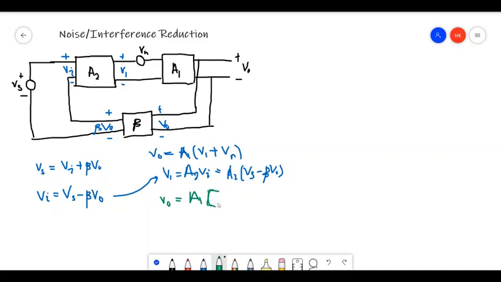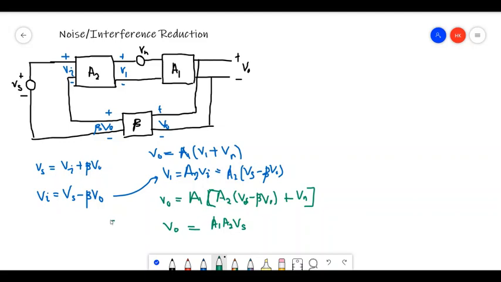So if we do a small simplification here, I can write V out as A1 times V1, which is replaced by this: A2 times Vs minus beta V out, plus Vn. So from this I get V out equal to A1 A2 times Vs, minus A1 A2 beta times V out.